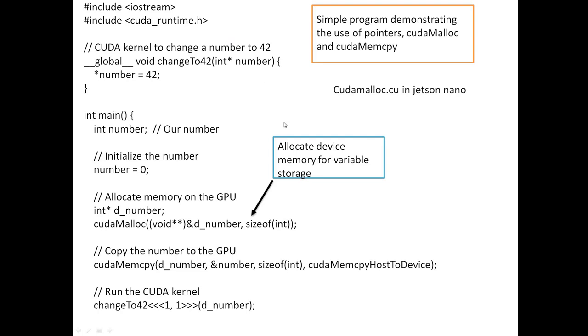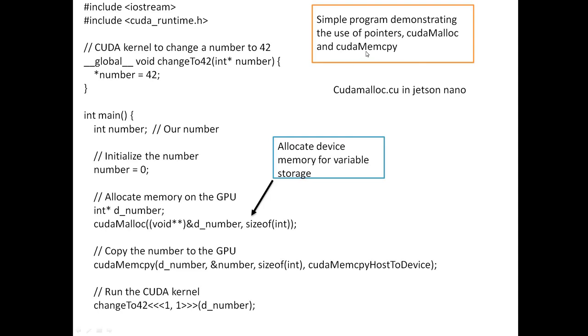Now you have to use pointers, because you are going to play with functions like memory allocation, which is done through cudaMalloc. cudaMalloc means you are going to allocate memory in the distant, far-off memory location, that is in the device, the GPU. Simple malloc allocates memory in the local CPU, but when I say cuda, that means in the remote memory, that is in the GPU.